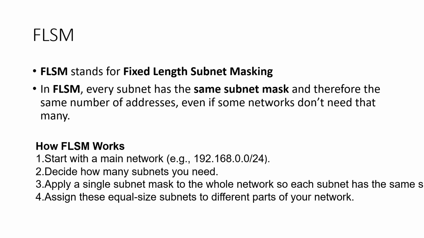The working of FLSM: first you start with the main network, for example 192.168.0.0/24. Decide how many subnets you need. Apply a single subnet mask to the whole network so that each subnet has the same /n. Assign these equal size subnets to different parts of the network.